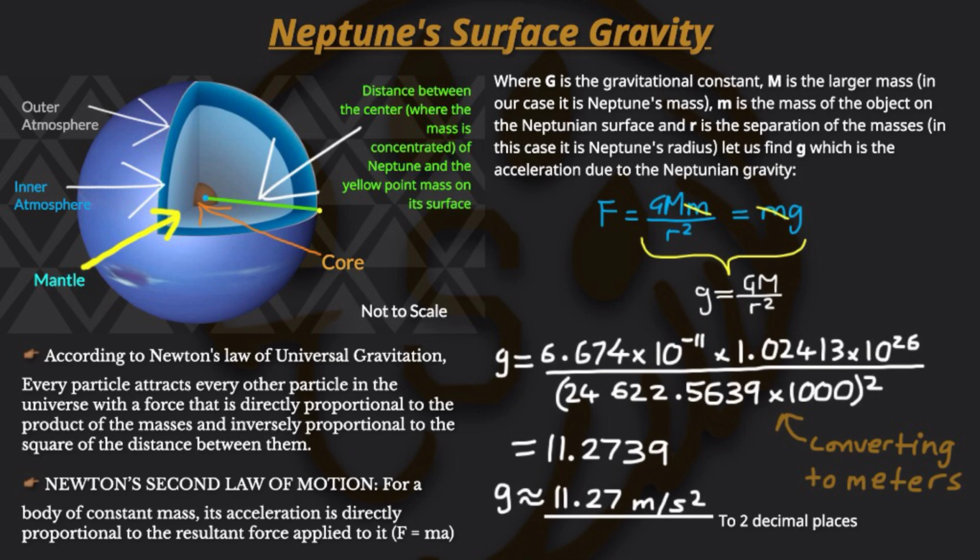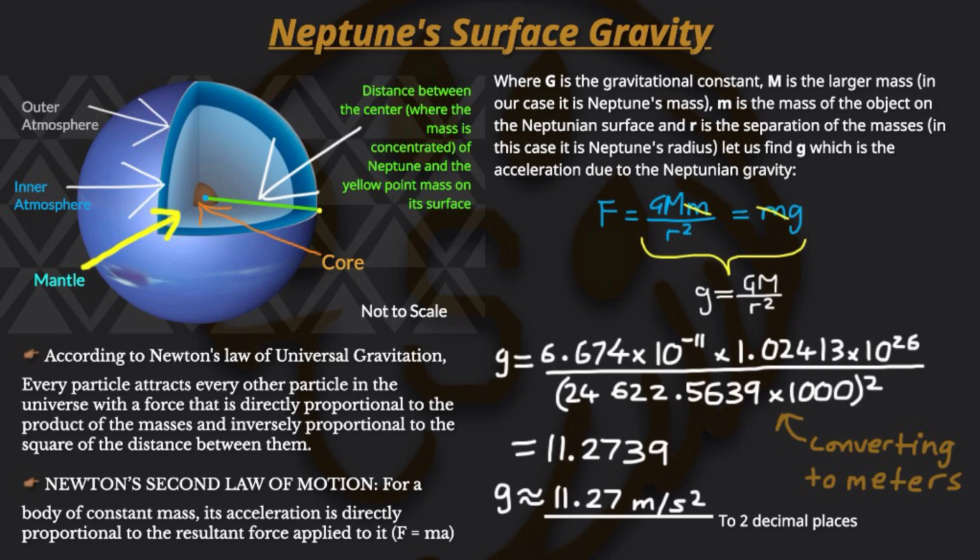In this case, it's basically atmosphere, not ground like what we see on Earth. So when you try to stand on top of the outer atmosphere, it's like standing in air, so you might fall until you reach the mantle. But even if you're on top of the outer atmosphere, you will still experience this gravity.